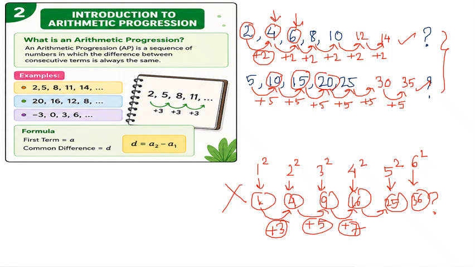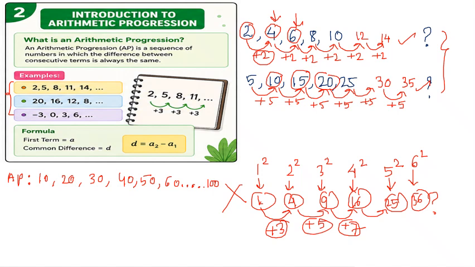Let's take one example. Here you can also see that a few examples are given. Okay, you can follow that as well. So if I write one AP, let's say 10, 20, 30, 40, 50, 60, and so on, ending here at 100.